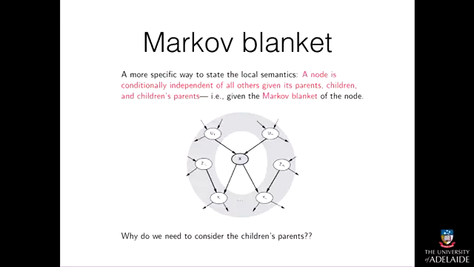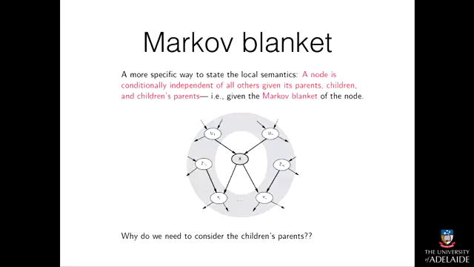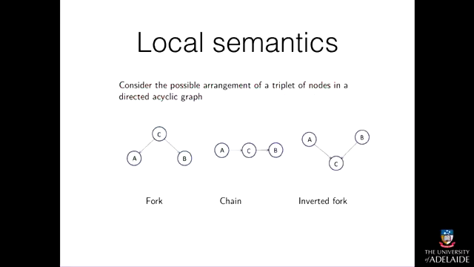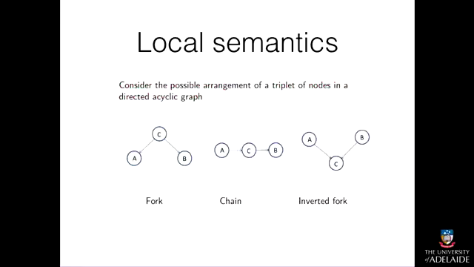It's children's parents. Children's parents, so it's different. So in this case, for node A, let's check with this rule. It has no parent, right? But it has one child, that is C, right? So now C is given. And then we check if this child's parents are given. So C's parents are A and B, right?